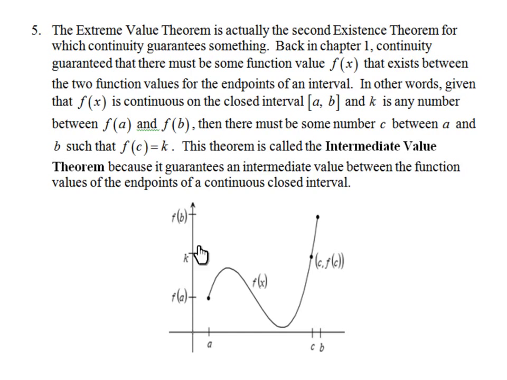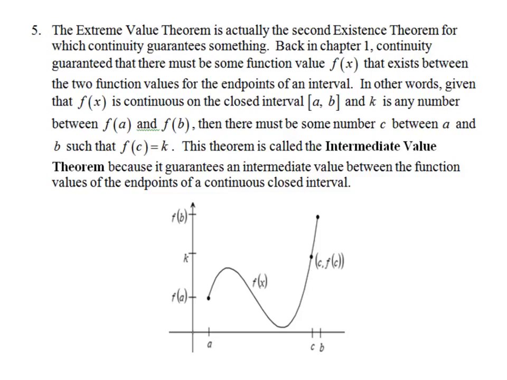You could choose any output value here. I chose k right here in the middle somewhere, but it could have been up here, it could have been down here. Choose any one of these output values, then the intermediate value theorem guarantees that there has to be some point in your interval that has that output value.